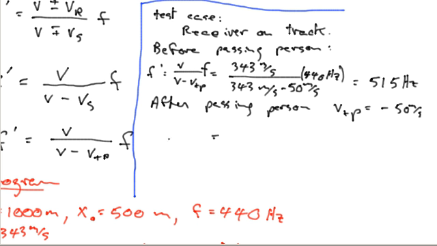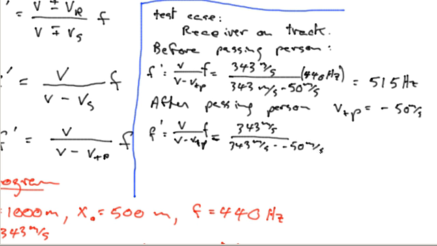So we'll have same thing as before, F prime equals V over V minus VTP times F. And this time it's equal to 343 meters per second divided by 343 meters per second minus a minus 50 meters per second, all times 440 hertz. And that evaluates to 384 hertz.